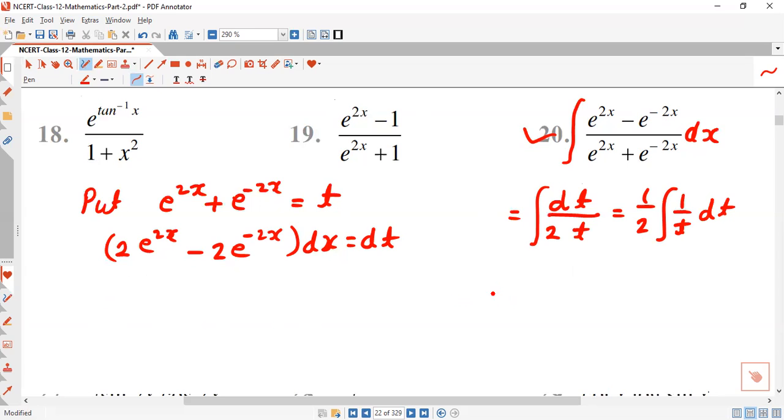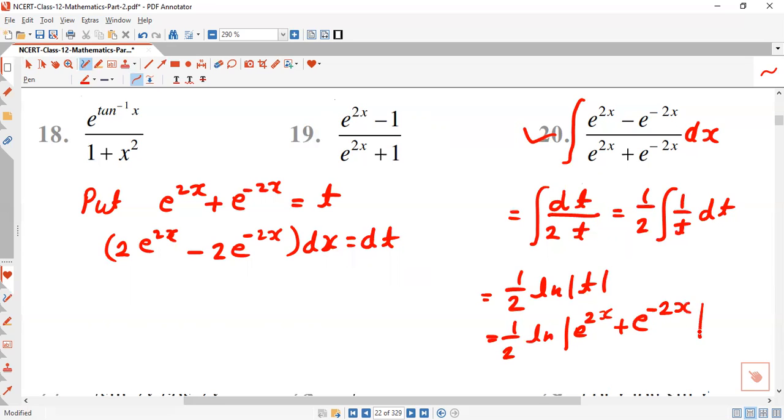That will be equal to 1 by 2 log of mod t. Put the value of t: half log mod e raised to 2x plus e raised to minus 2x plus some constant c.